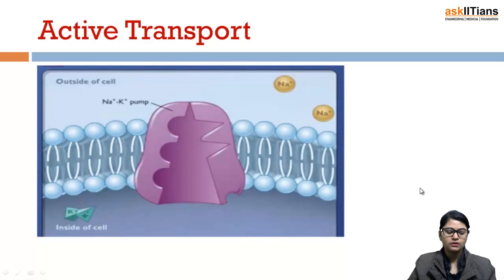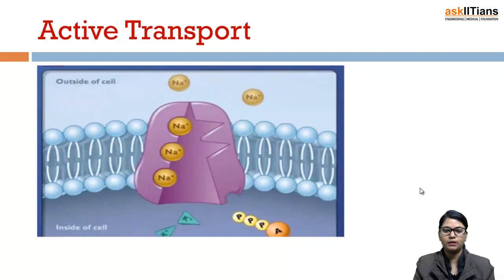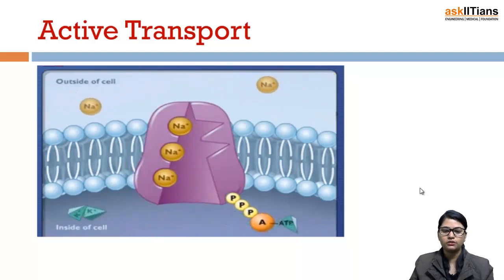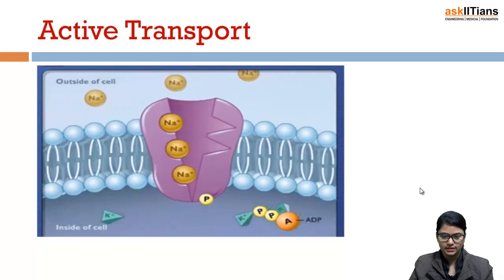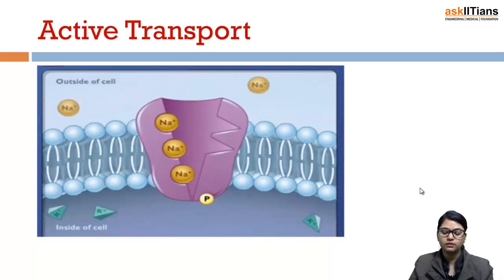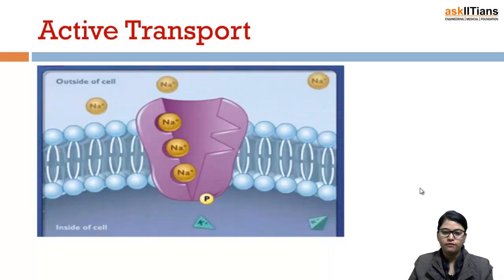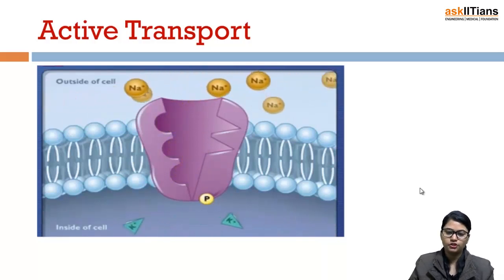Let's see. The sodium potassium pump is there. You can see sodium molecules coming and getting attached over the sites, binding to the channel, and ATP provides its energy to change the shape of the channel, which in turn drives the ions through the channel. One phosphate group from ATP remains bound with the channel.